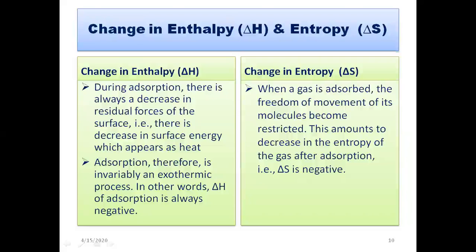Look at what we discussed. During adsorption, entropy decreases, but in adsorption of hydrogen gas, entropy increases. Exception. Now, what about enthalpy?